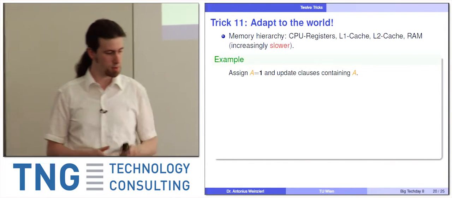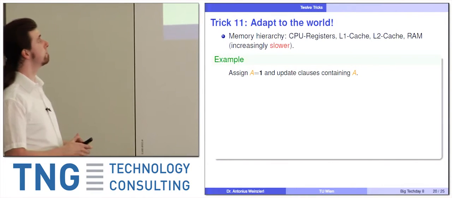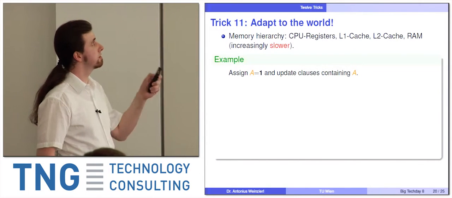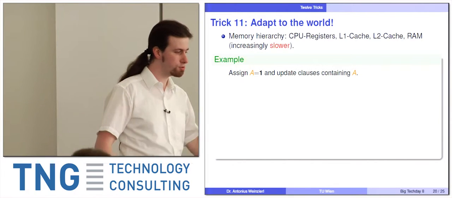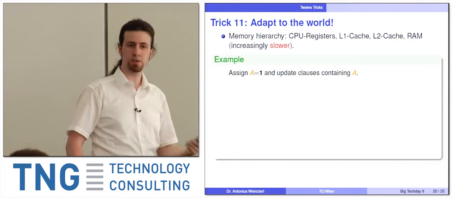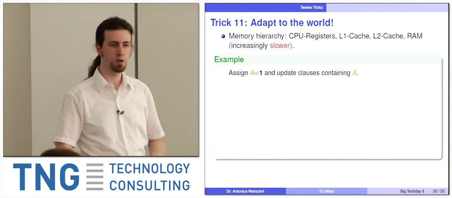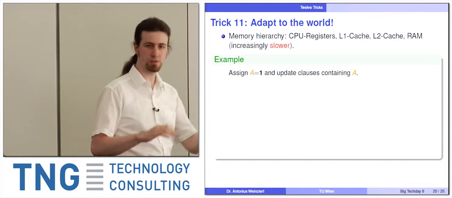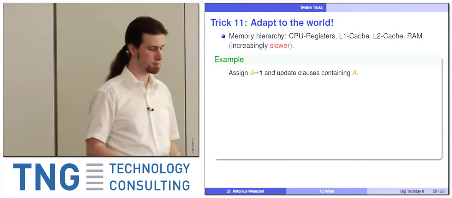And we can do something here, because if we think about the case that we have assigned the value true to A, and now we have to update all the clauses which contain A for this unit check. Even if we have this lazy data structure where we only have the pointers, we still have to process all the pointers.